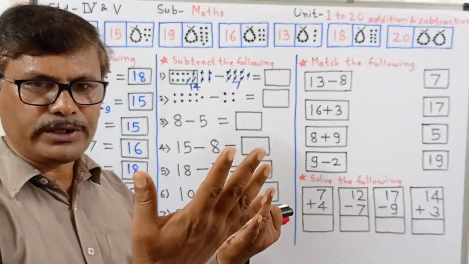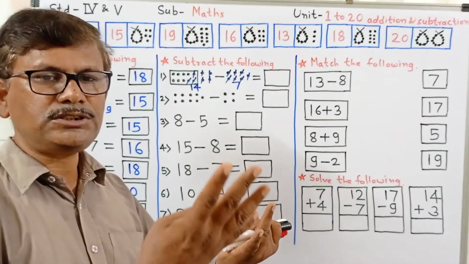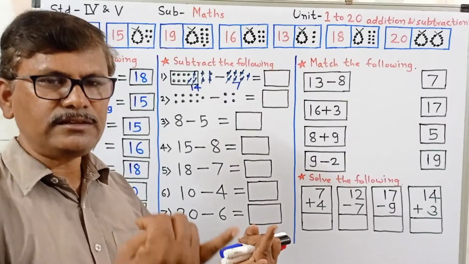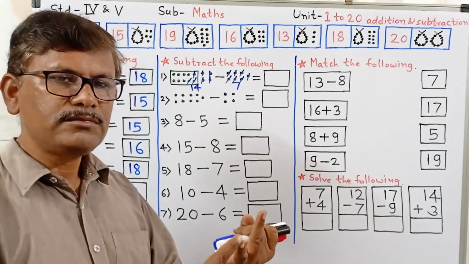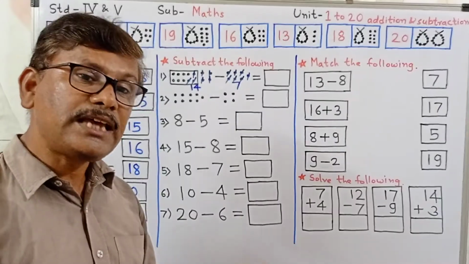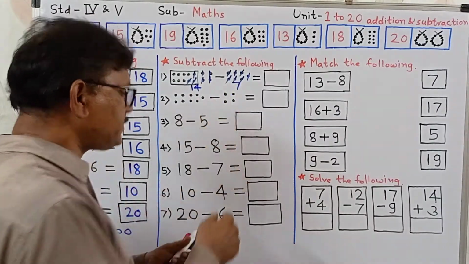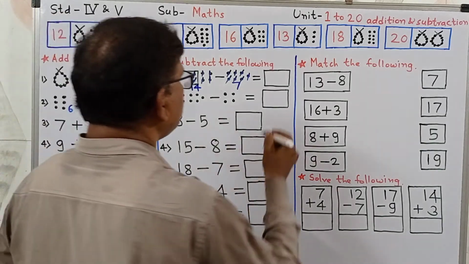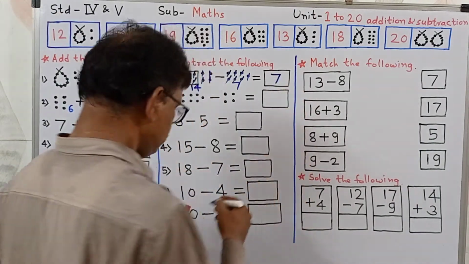Before number 14: 13, 12, 11, 10, 9, 8, 7. Which number came? 7. The subtraction of 14 minus 7 is equal to 7.